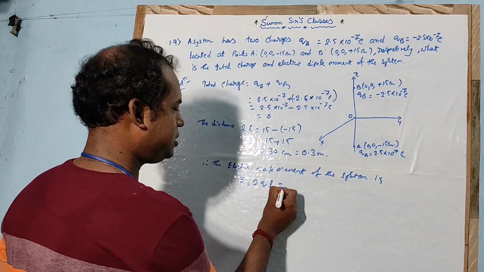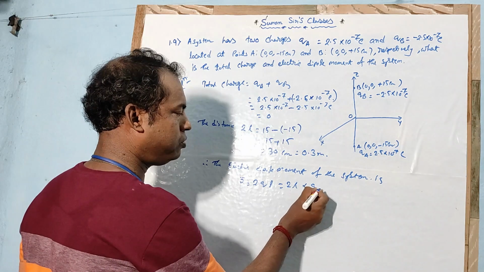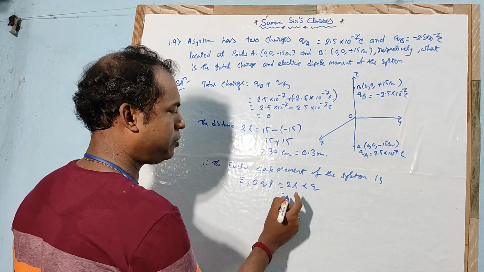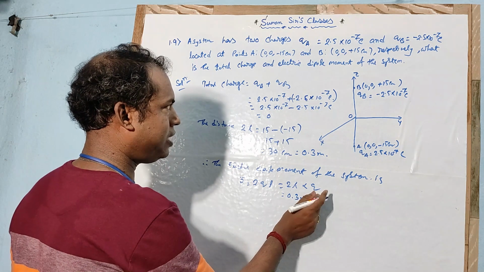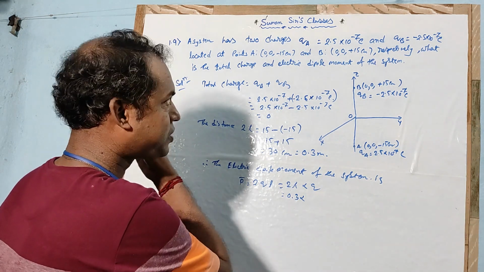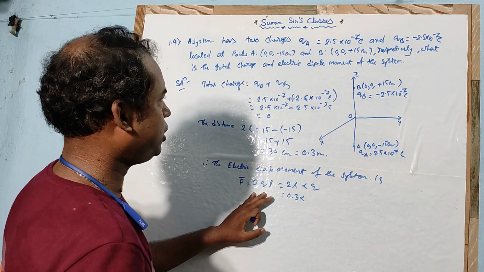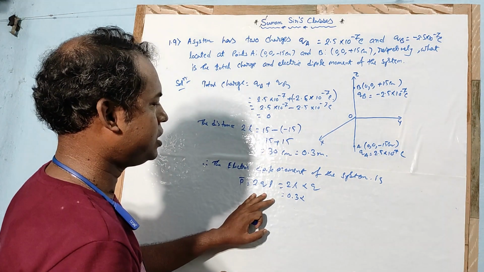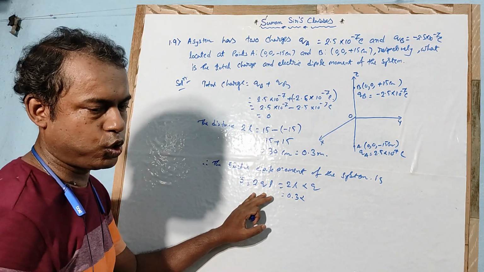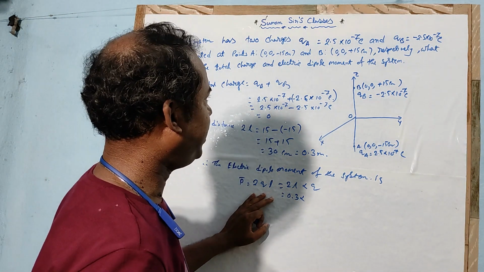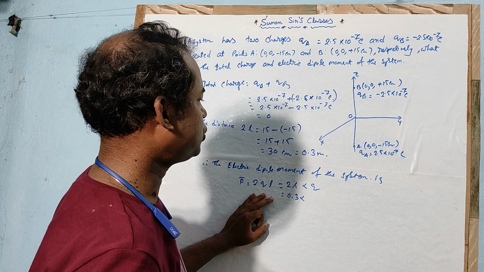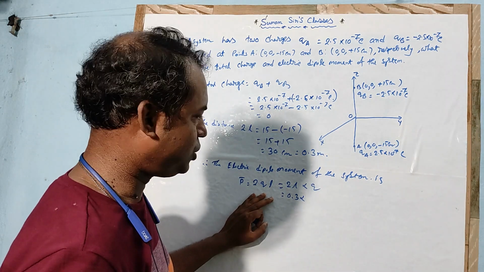So that means 2L into Q. What is the value of 2L? That is 0.3. And what is the value of Q? Here the located charge may be written in the form, so we put in all the values.